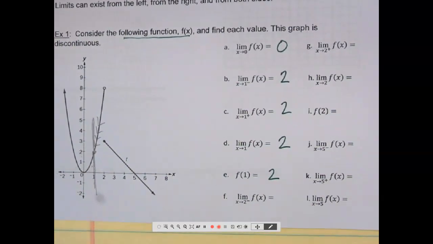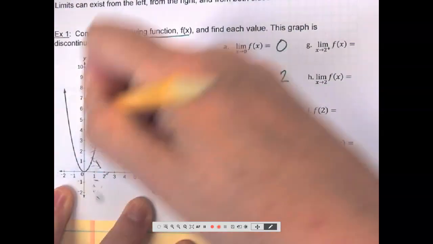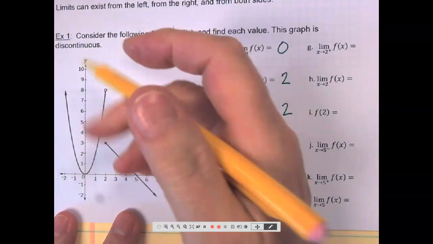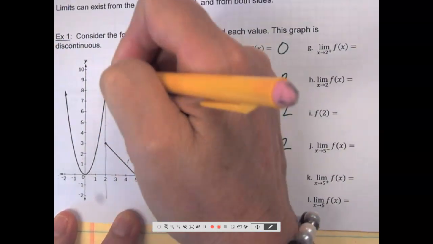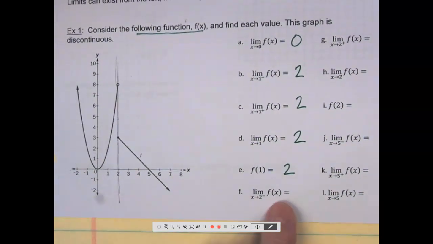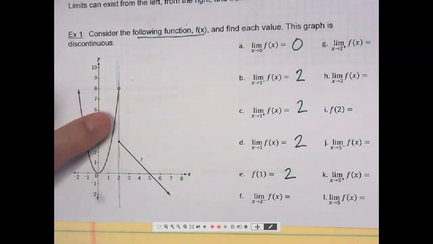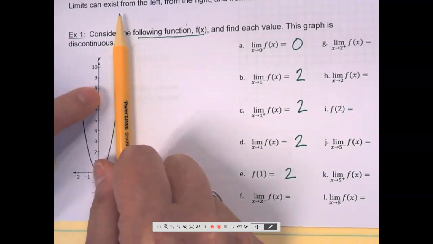Okay, part F. The limit of this function as x approaches 2 from the left. Now I'm no longer worried with x equals 1. Now I'm interested in where x equals 2, which is right here. But I want to approach it from the left. That means I'm only dealing with this parabola piece, because that is to the left.